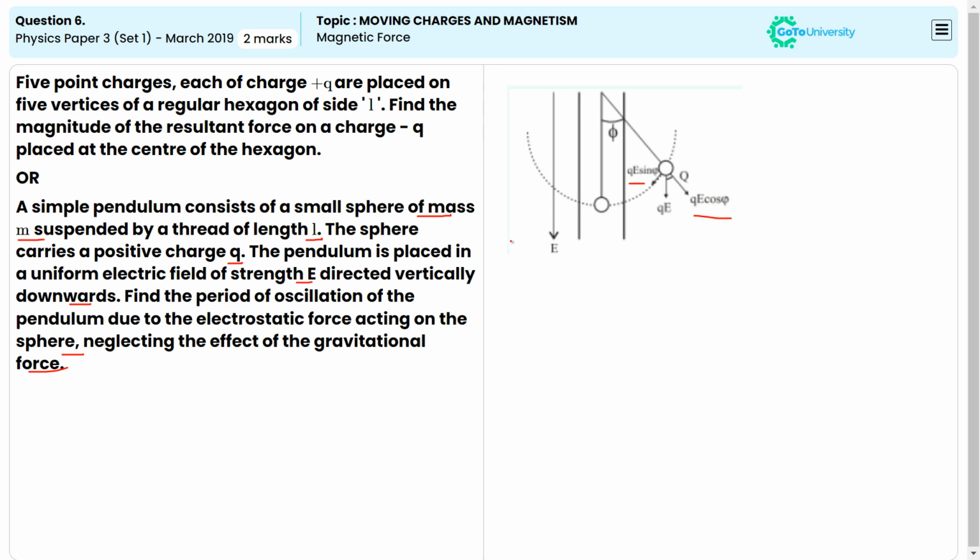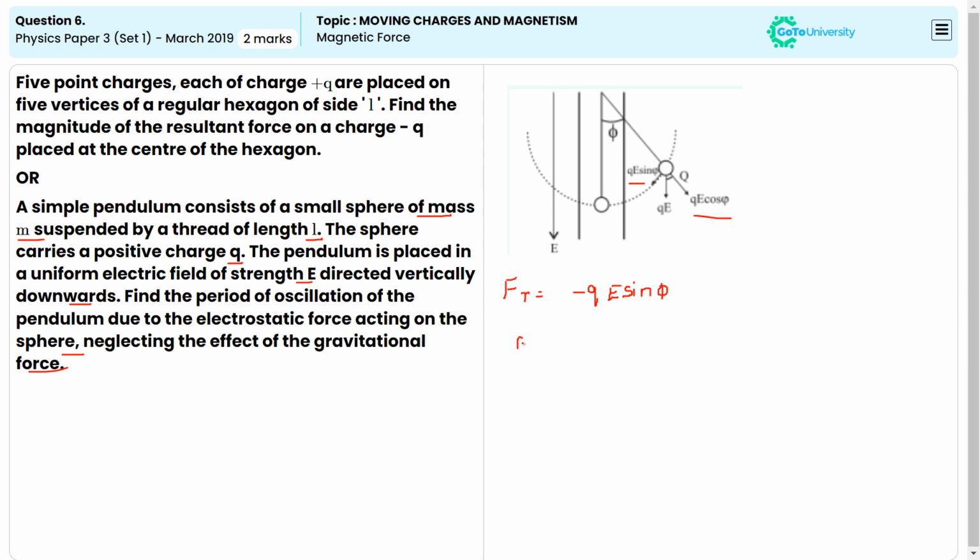Okay, now we will see the equation. We know that F_R is equal to minus QE sine phi. That is, F_R is equal to minus QE times sine phi.